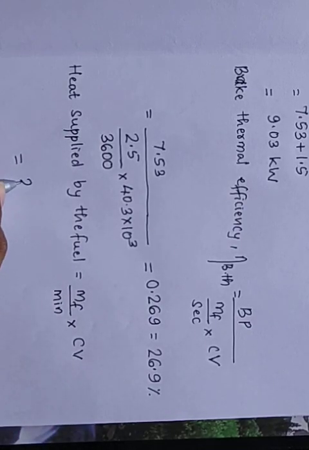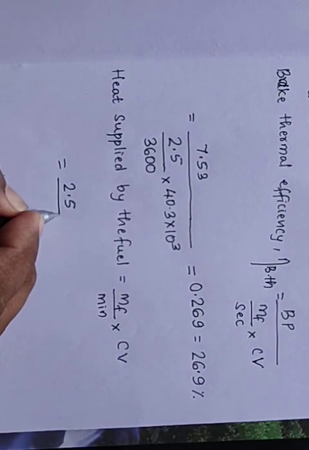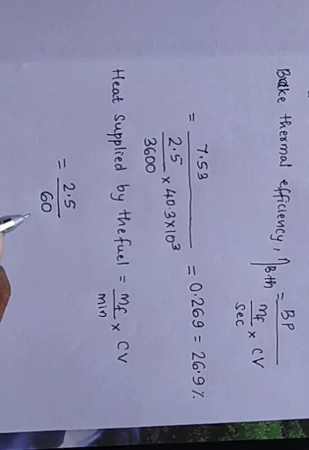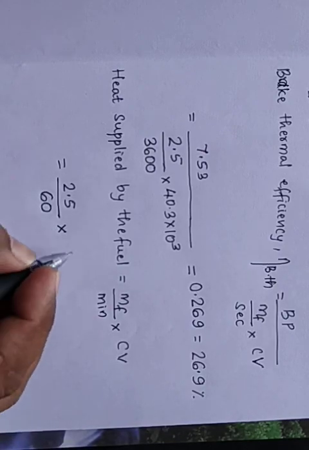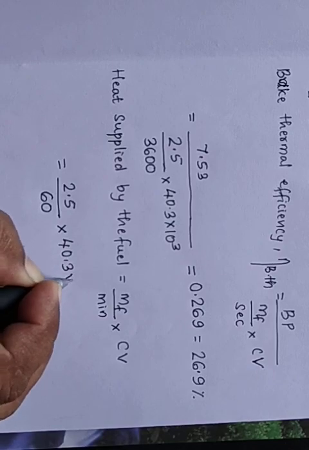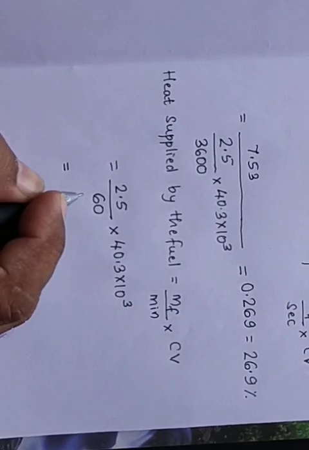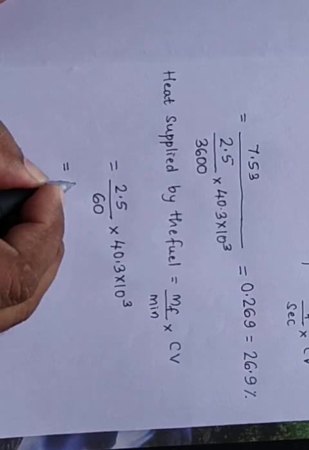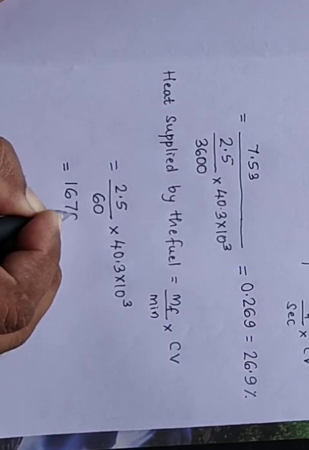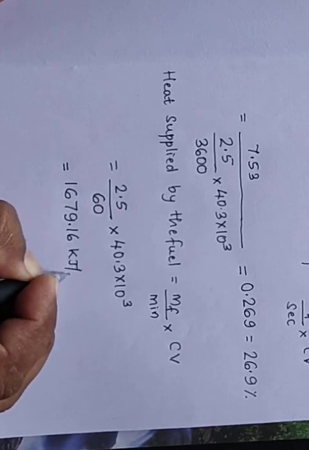So mass of fuel is 2.5 kg per hour, and you want per minute, so divided by 60 into calorific value, that is 40.3 into 10 to the power 3. So you get the value of heat supplied as 1679.16 kilojoules per minute.